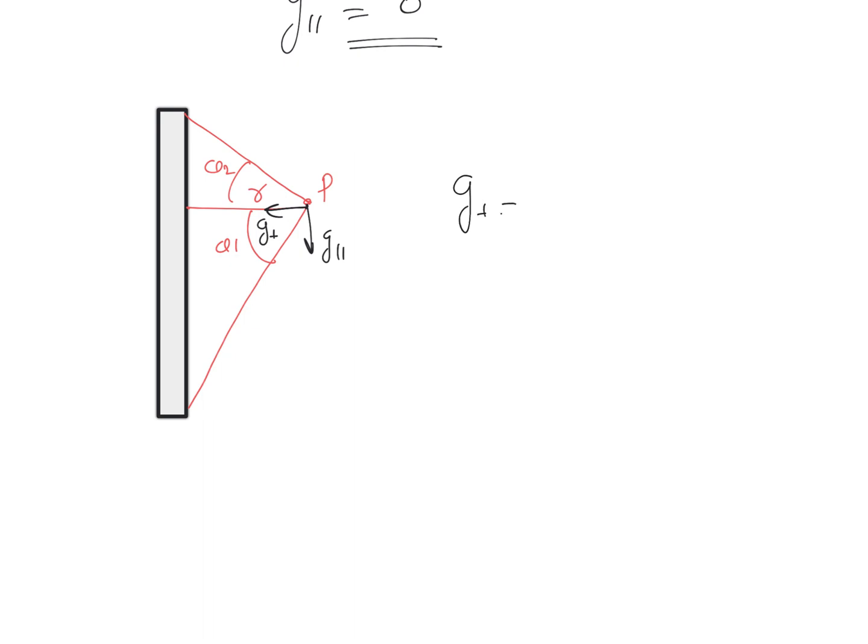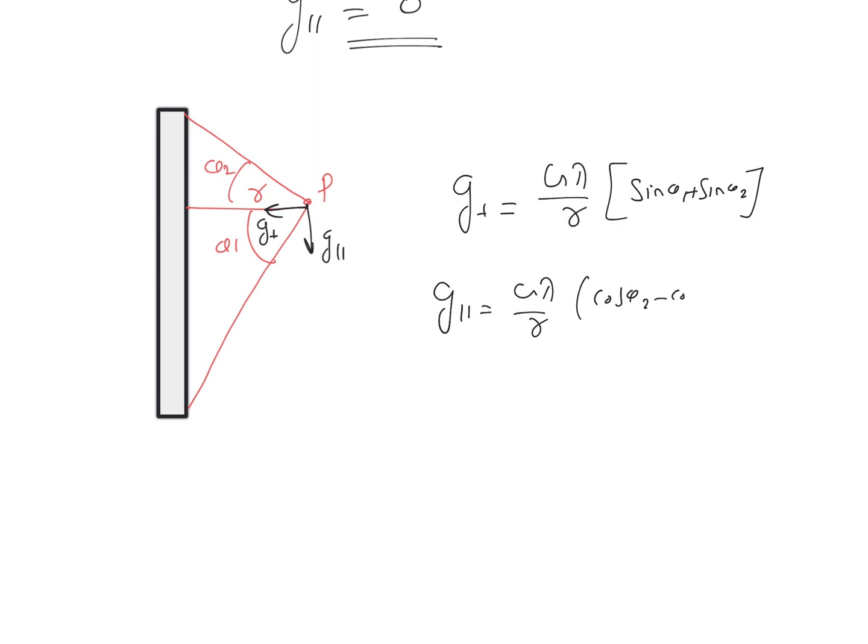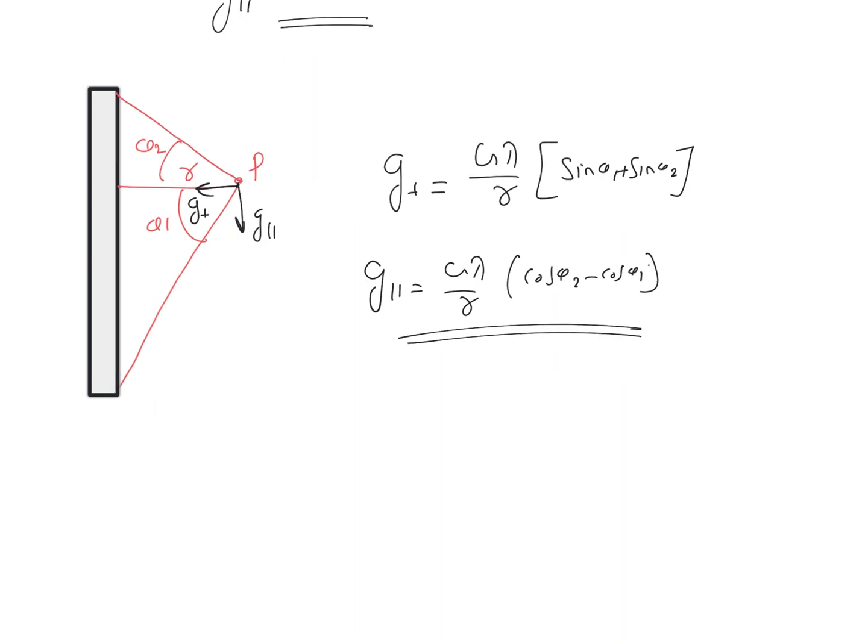We got the perpendicular component as G lambda divided by r into sine theta 1 plus sine theta 2, and if it is infinitely long, then it is 2G lambda divided by r. And the parallel component is G lambda divided by r into cos theta 2 minus cos theta 1. For an infinitely long rod, the parallel component will be equal to 0.